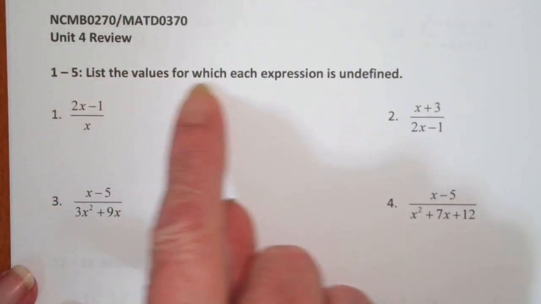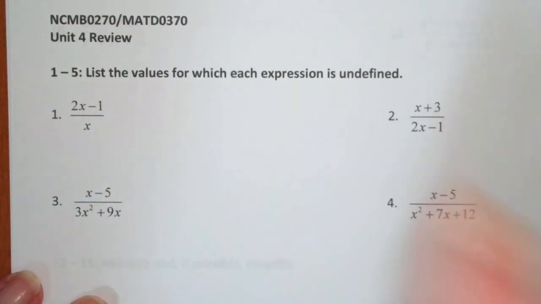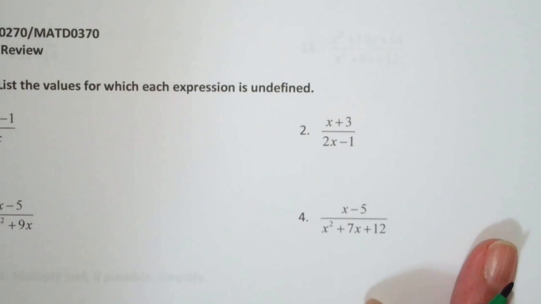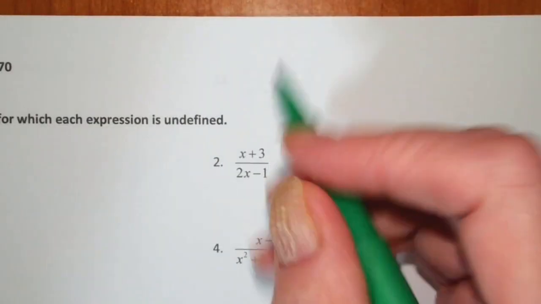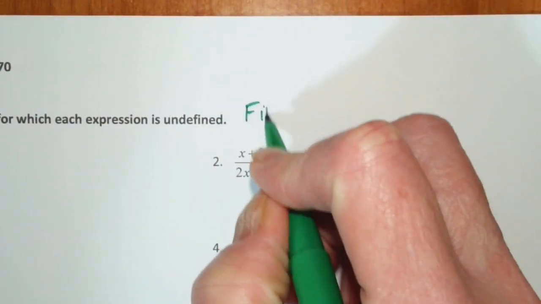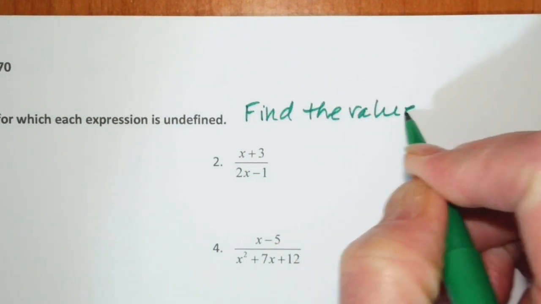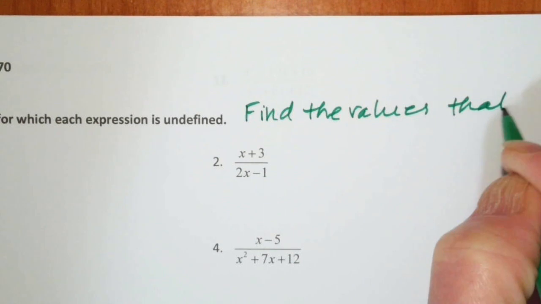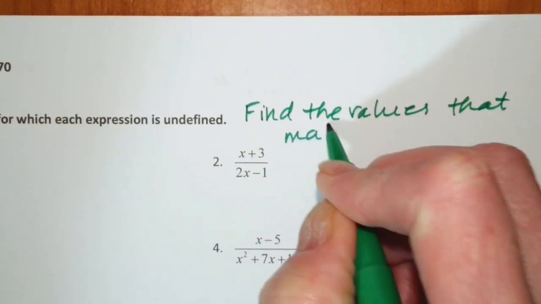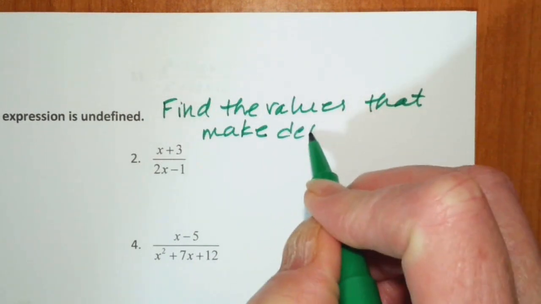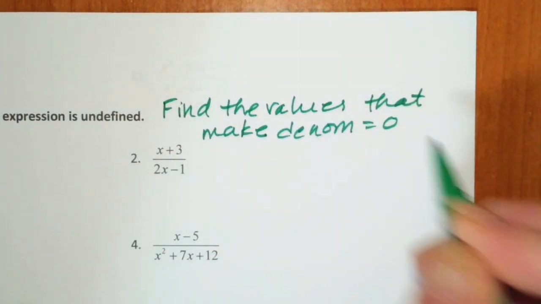All right, when it says list the values for which the expression is undefined, this means, and I've tried to blow it up here, so be patient with me, find the values that make the denominator equal to 0.